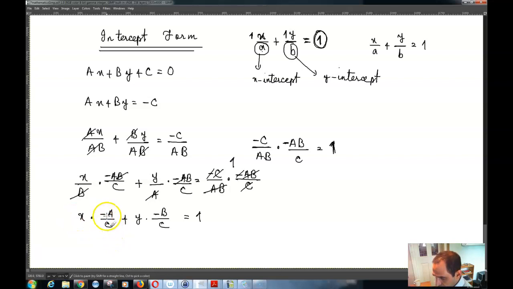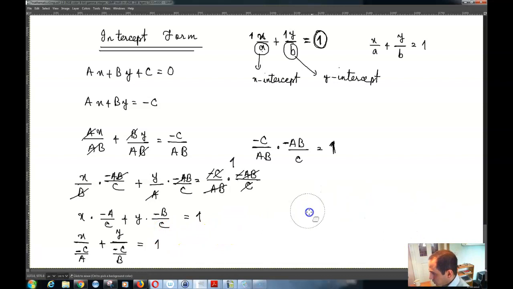If I write x times a, I can write it as x divided by the reciprocal of a, which is x divided by 1 over a. So you can write this as x divided by the reciprocal of this, which is negative c by a, plus y over negative c by b is equal to 1.